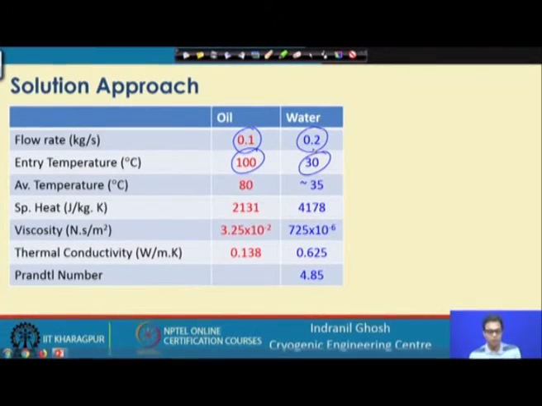Now we need to find out the exit temperature of water, because already we have been told that we intend to measure the length of the exchanger so that the exit temperature of the oil will become 60 degree centigrade. So, we know what is expected from this heat exchanger.